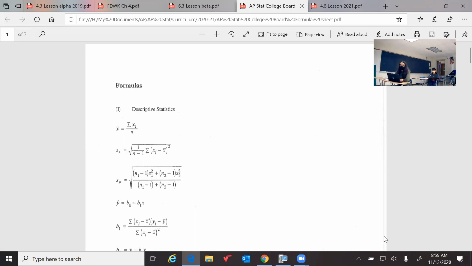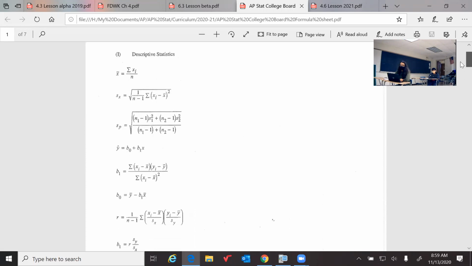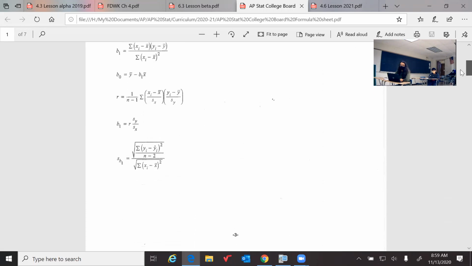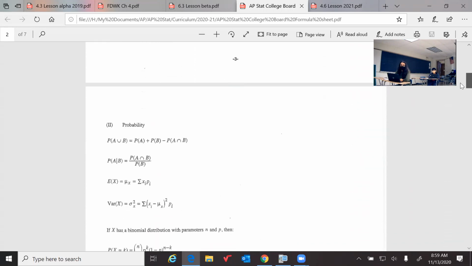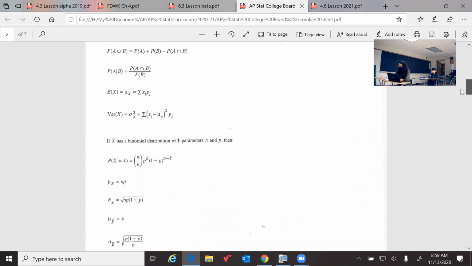Then if we scroll down here, for a probability distribution, we have this on the second page, where it tells you the variance. You didn't take the square root on the formula sheet. The variance, which is what?